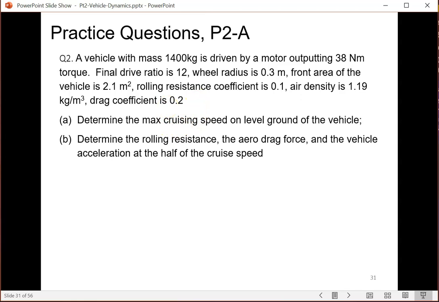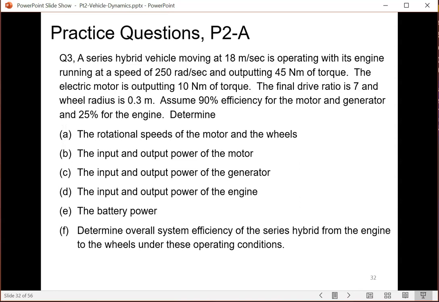So to answer question 2, you need the previous general mathematical model, or the general case for vehicles, the dynamic motions, and also these specific equations we use for hybrid electrical vehicles. Second part should be fairly straightforward. Question 3 should be fairly straightforward. So that's for you guys to do.